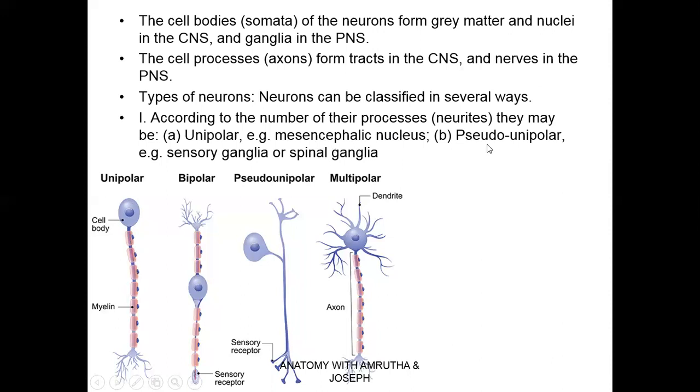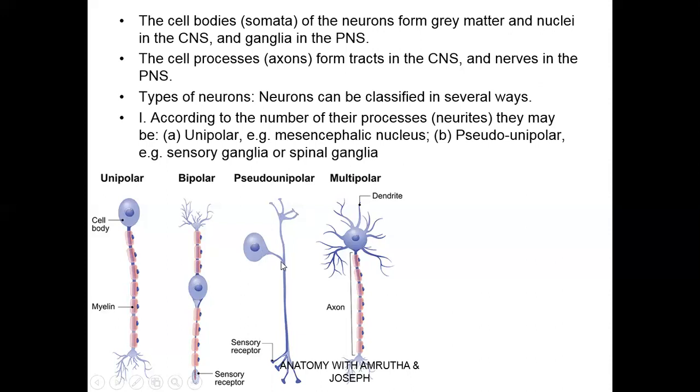Pseudo-unipolar, as the name suggests, is false unipolar. The nerve cell process comes out as a single process, but it divides into two. These are seen in sensory ganglia, such as the dorsal root ganglia of the spinal nerve, also called spinal ganglia.